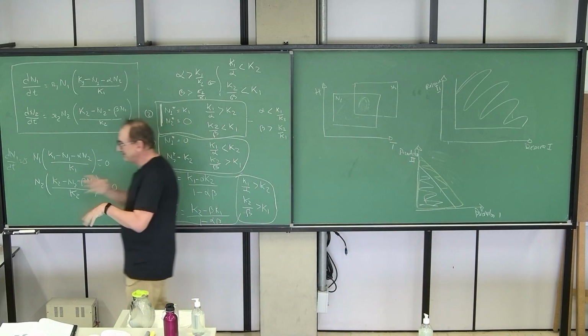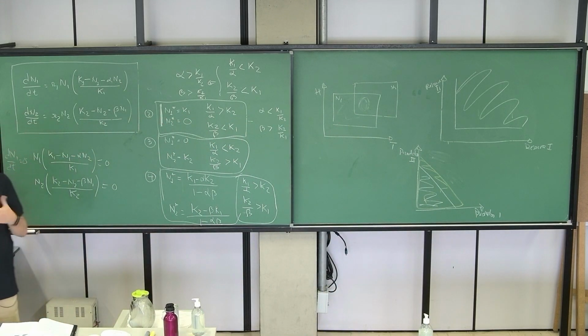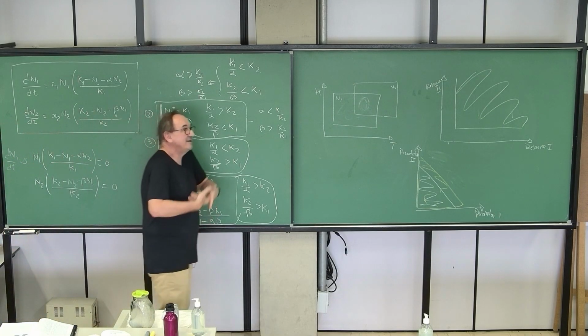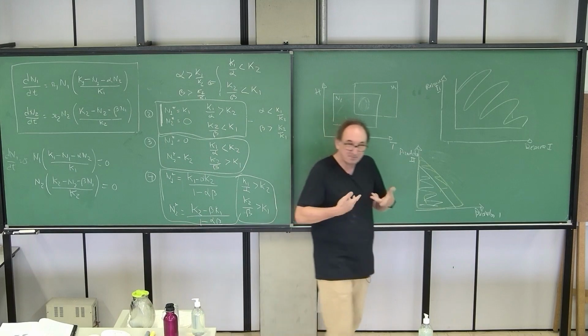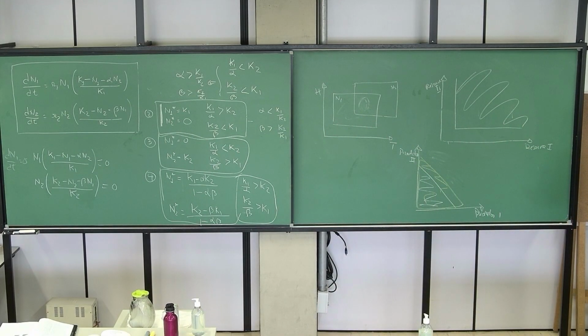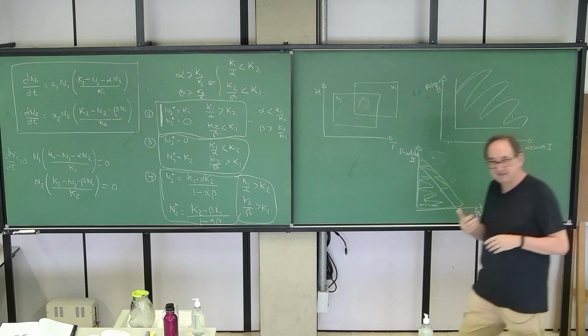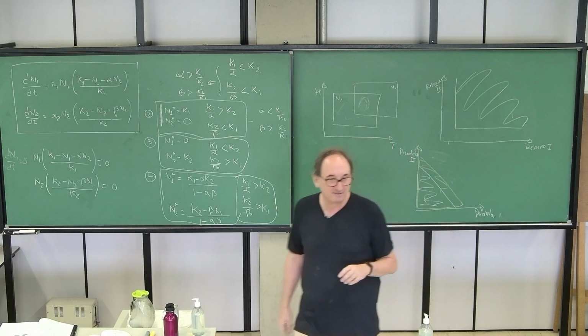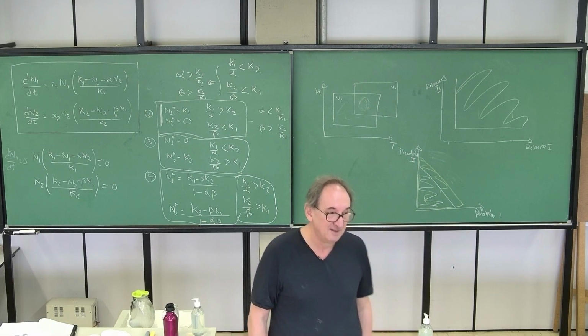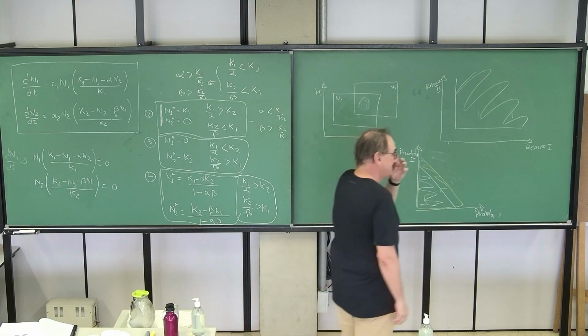I don't know the microscopic mechanisms, but this introduced spatial heterogeneity. So space not being homogeneous may promote coexistence. So many mechanisms are possible.